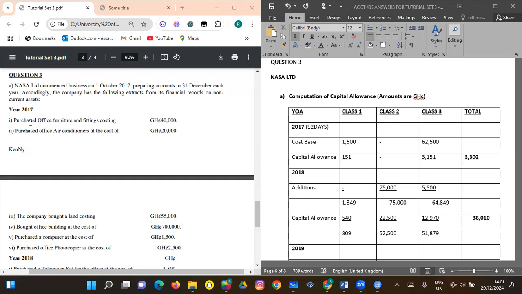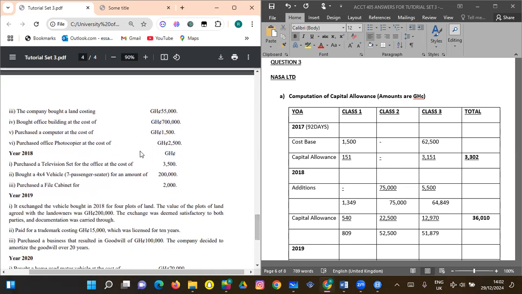So they purchased office furniture and fittings costing this. Purchased office air conditioners at a cost of this. The company bought land costing this. Office building at a cost of this. Purchased a computer at the cost of this. Purchased an office photocopier at the cost of this. And then purchased a television set.